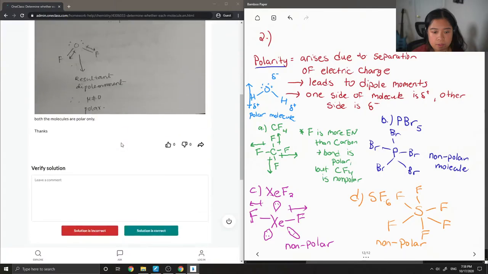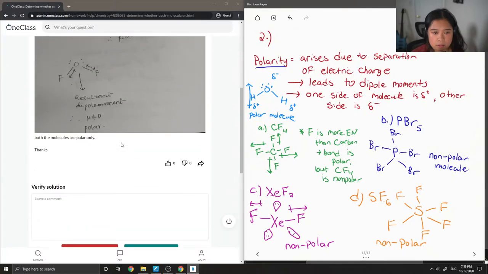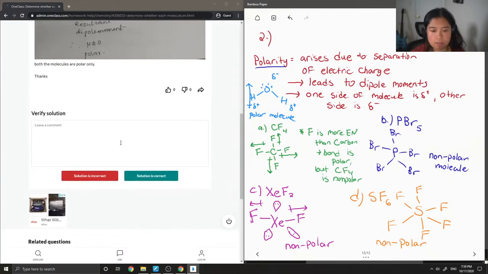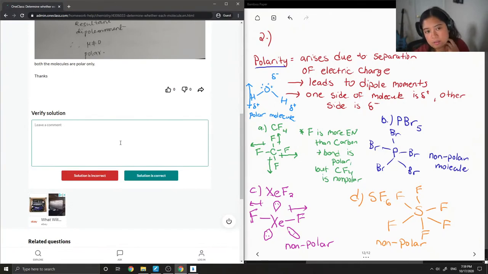I'm just gonna verify with the molecules that were given in the question. In this question, all molecules are nonpolar.